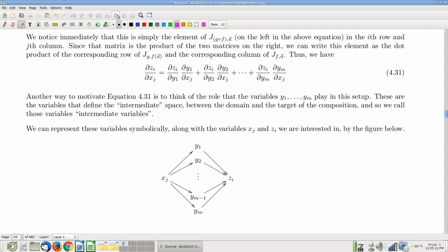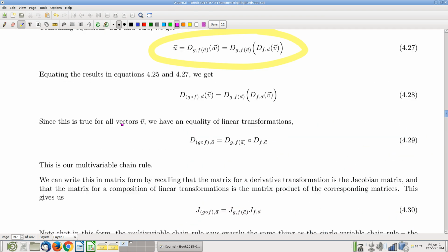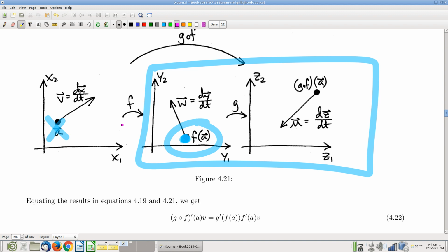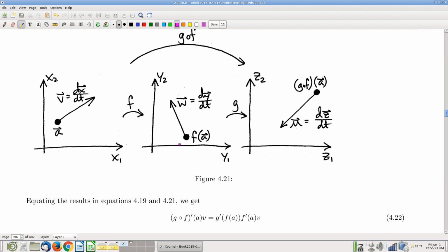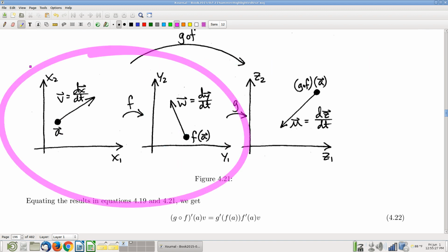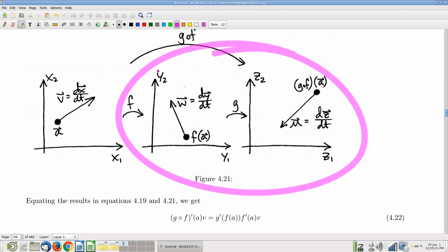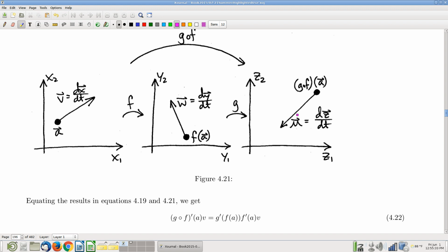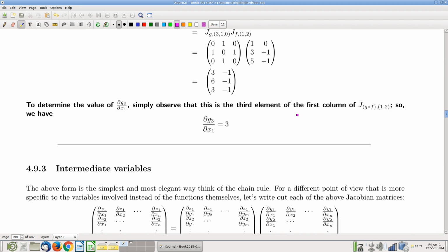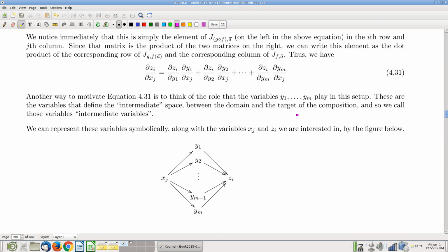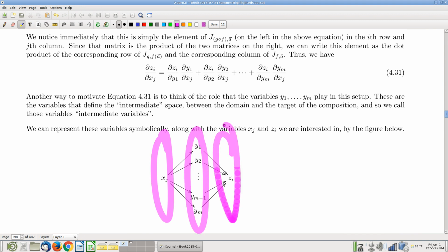So think about what I like to call intermediate variables. Again, we have this kind of roadmap, so let's come back over to our picture here. The y variables are functions of the x variables, right? The z variables are functions of the y variables. So here's all of our x variables, here's all of our y variables, here's all of our z variables.